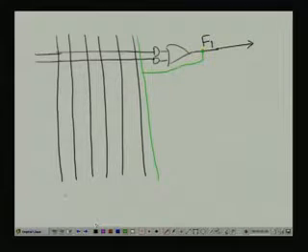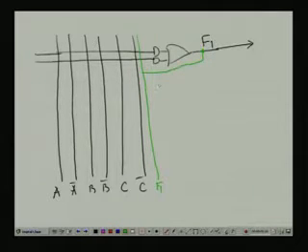So, this is my A dash, B dash, C dash and this is my F1, and similarly I can add an inverter and this is my F1 dash.